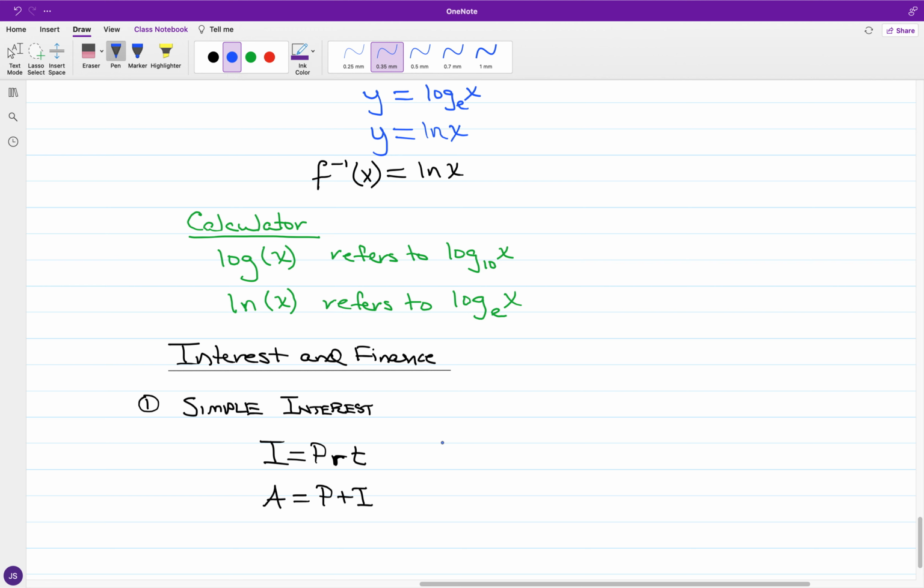In terms of what the variables signify, I is going to be the amount of interest. P is what's referred to as the principal, the amount invested or borrowed, or you can just say the amount financed.